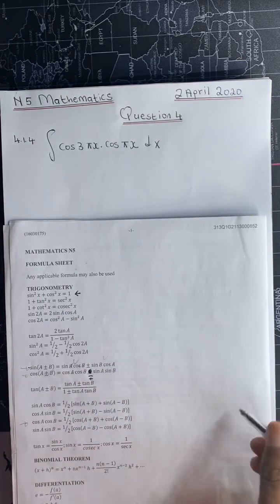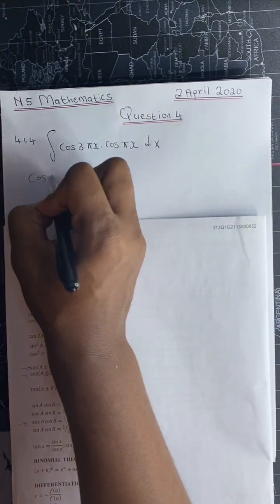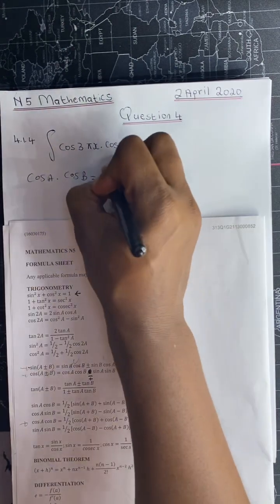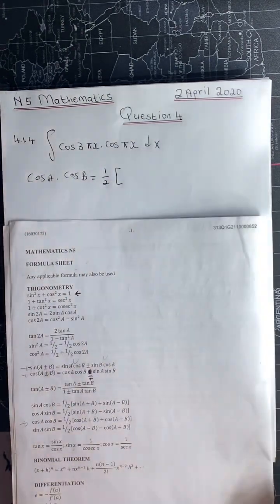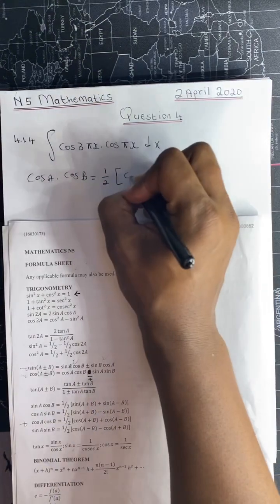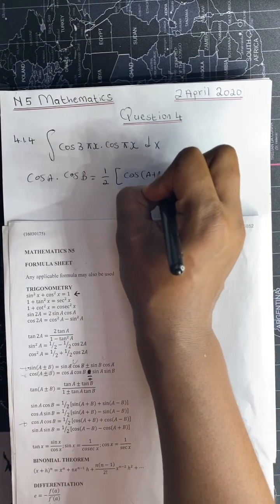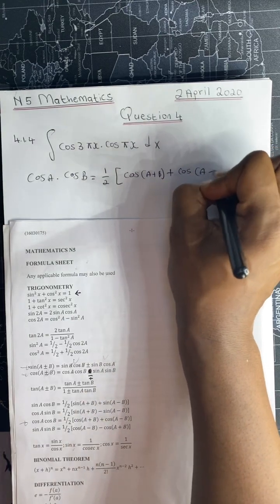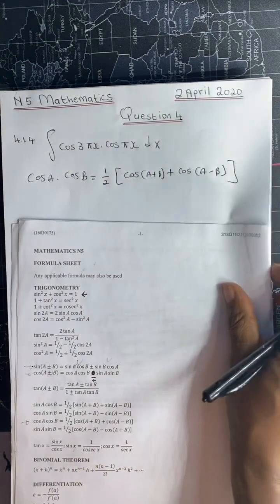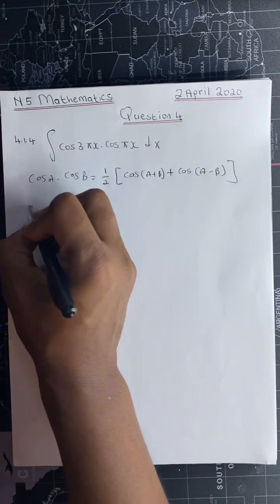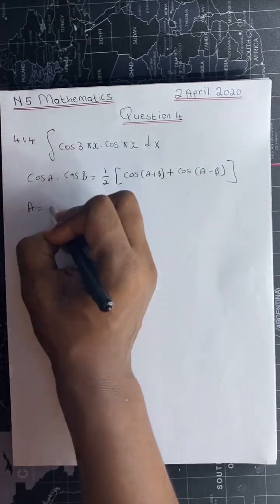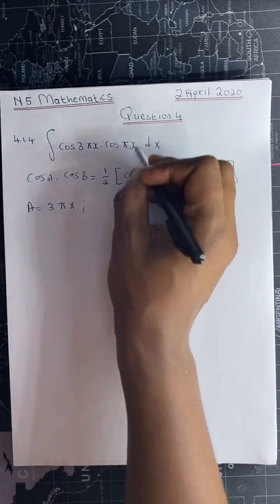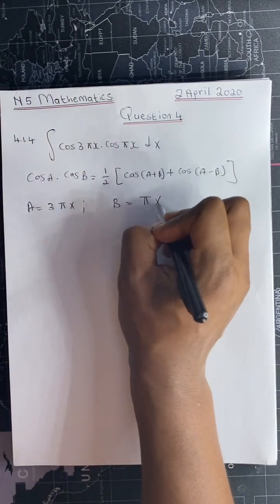So it says that cos A multiplied by cos B is equals to 1 over 2 into cos of A plus B plus cos of A minus B. So our A will be equals to 3 pi x, and our B will be equals to pi x.